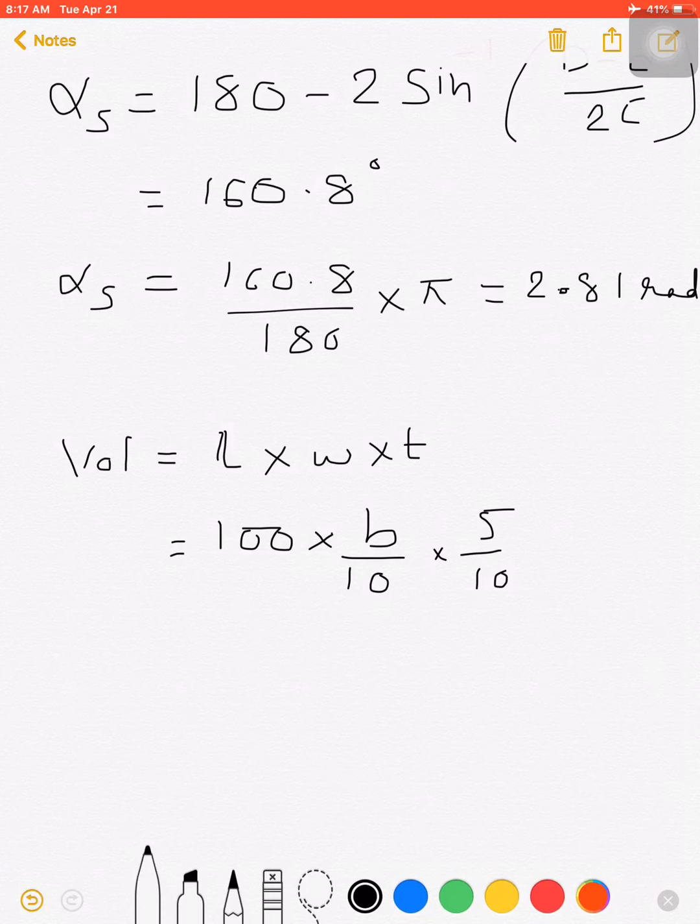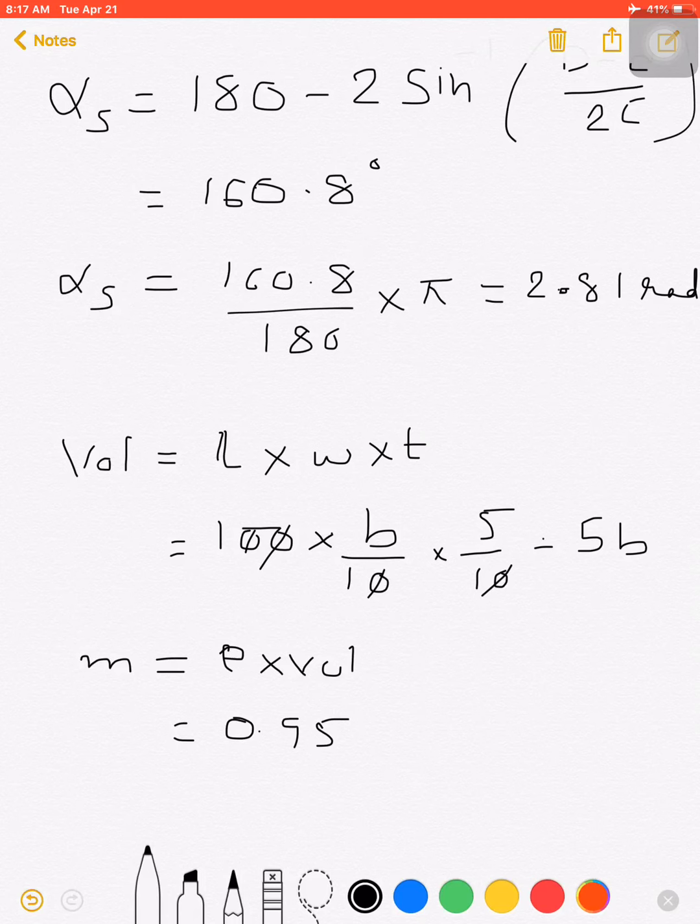The volume is equal to 5b. Now mass is equal to density into volume. The density is 0.95 and the volume is 5b.